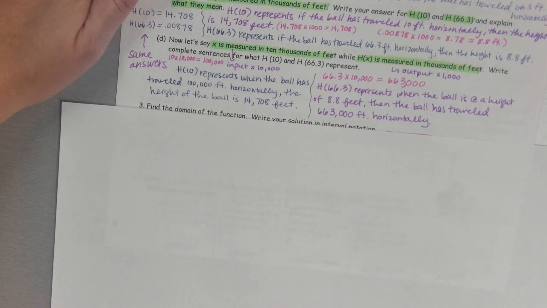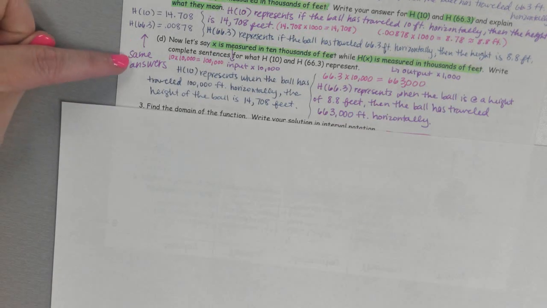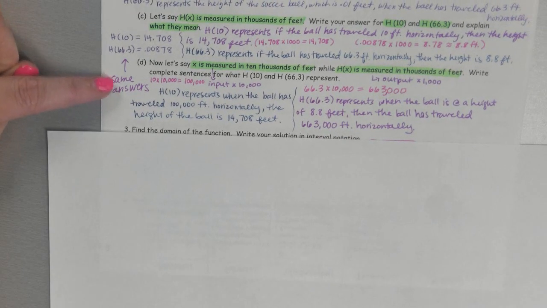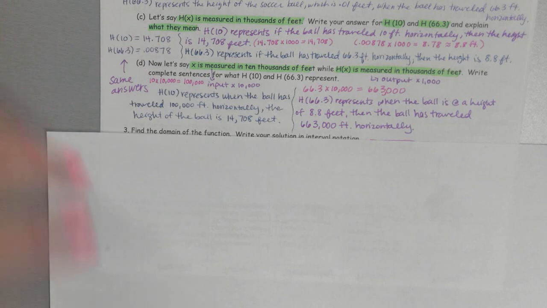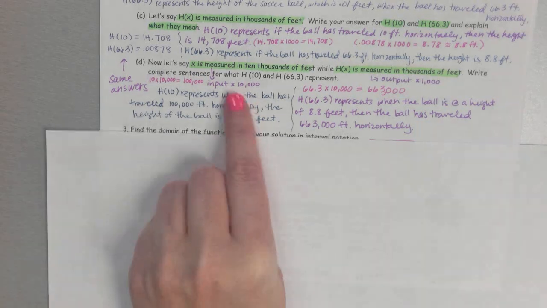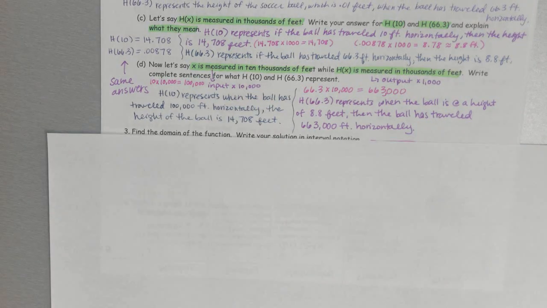All right, and then D is very similar. Again, it's just the same answers, the same input, the same output. But if your x is measured in 10,000s of feet, you just take the input and multiply it by 10,000 when you're explaining. The only time that those are going to be different is when you're explaining.